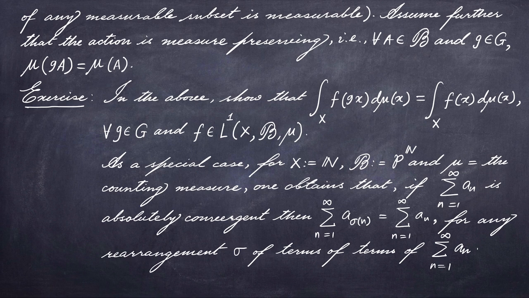So thus we have proved that for an absolutely convergent series, the sum does not change under any rearrangement of terms. This is what you have seen earlier. We obtain that as a consequence of this general result.